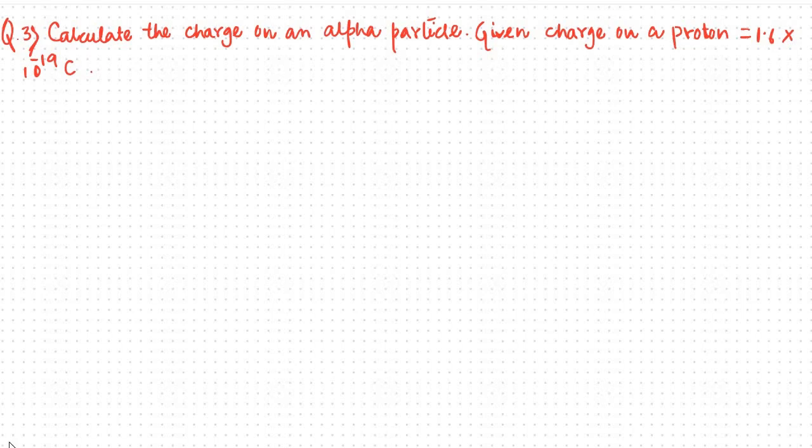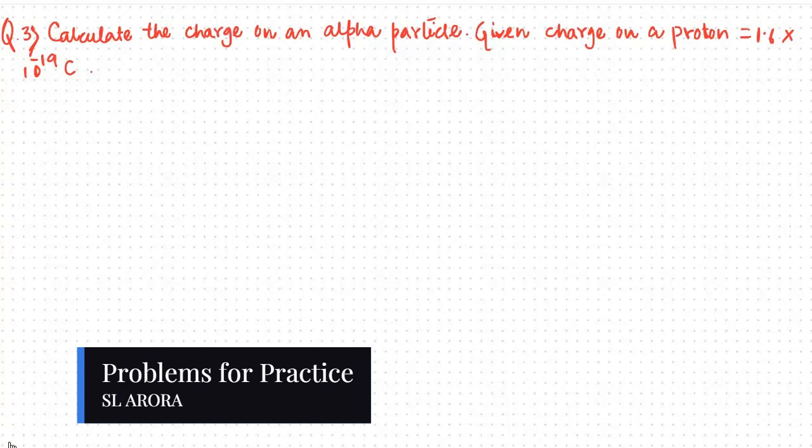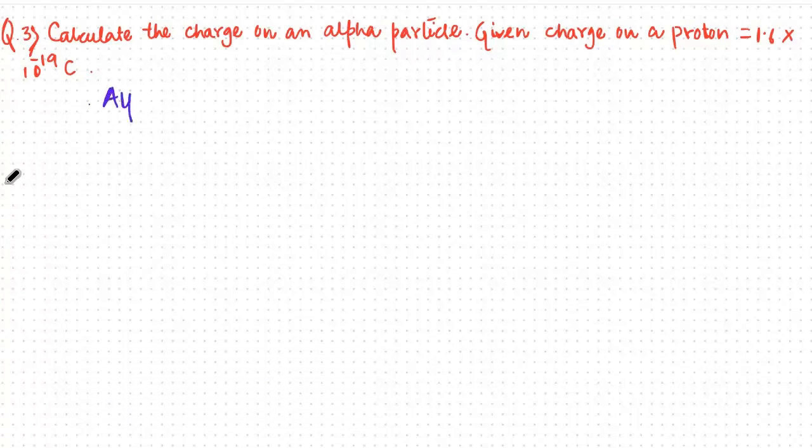Question number 3 is, calculate the charge on an alpha particle. Given charge on a proton is 1.6 into 10 to the power minus 19 coulomb. Okay, now we know the charge on a proton is given. So, we know that an alpha particle has 2 protons and 2 neutrons.